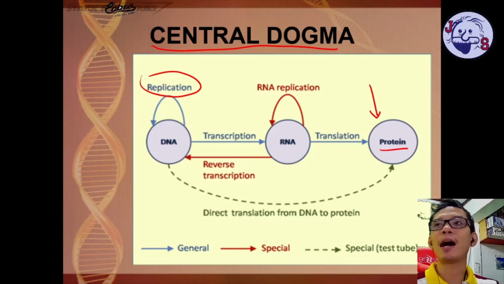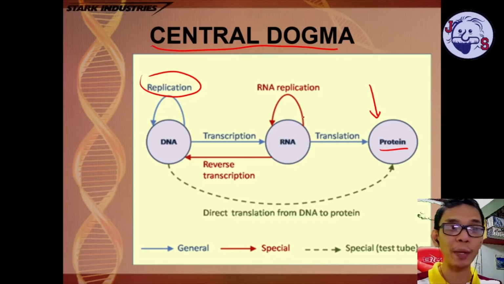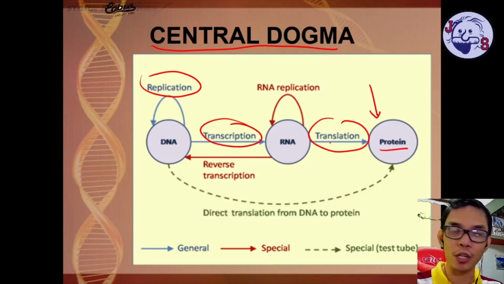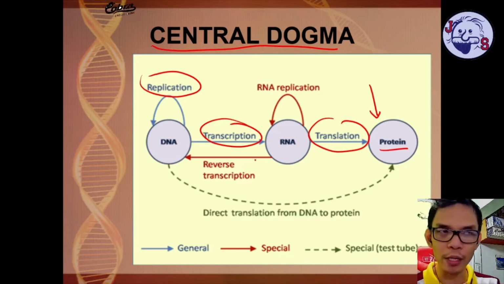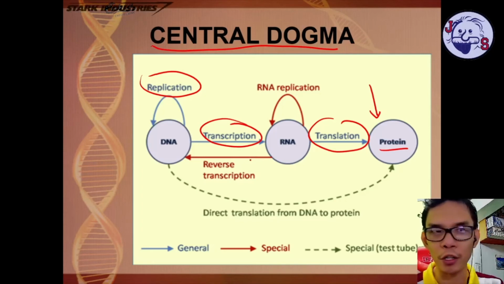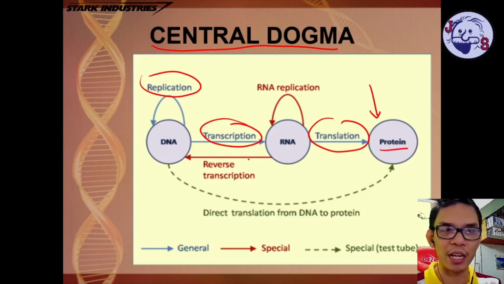Next, RNA also replicates, in special conditions. But the overall process, the transcription and translation, is in here. All cells, whether bacterial, protozoan, eukaryotic or prokaryotic, follow the same basic process. This is the central dogma that we have right here.